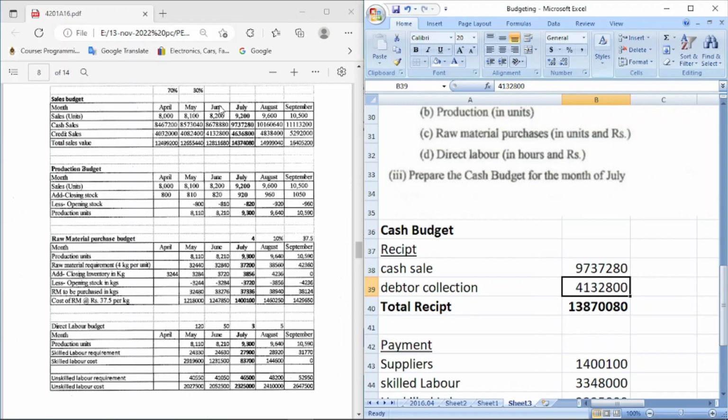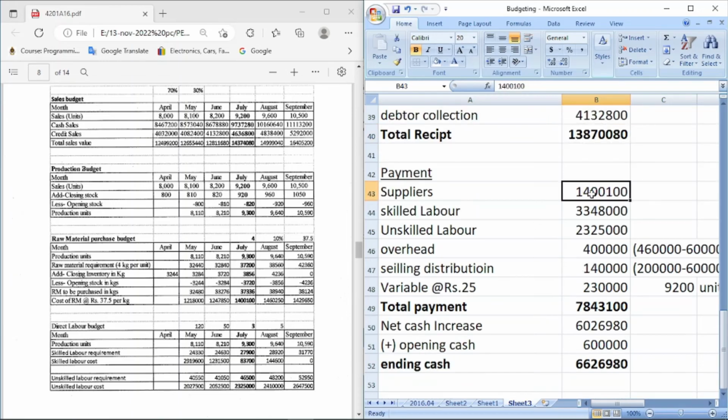The credit sales of June, we get the debtor collection of July, and we can get the total of the amount, cash sales and debtor collection. It is total receipt. Payment to suppliers, it is in raw material purchase budget.